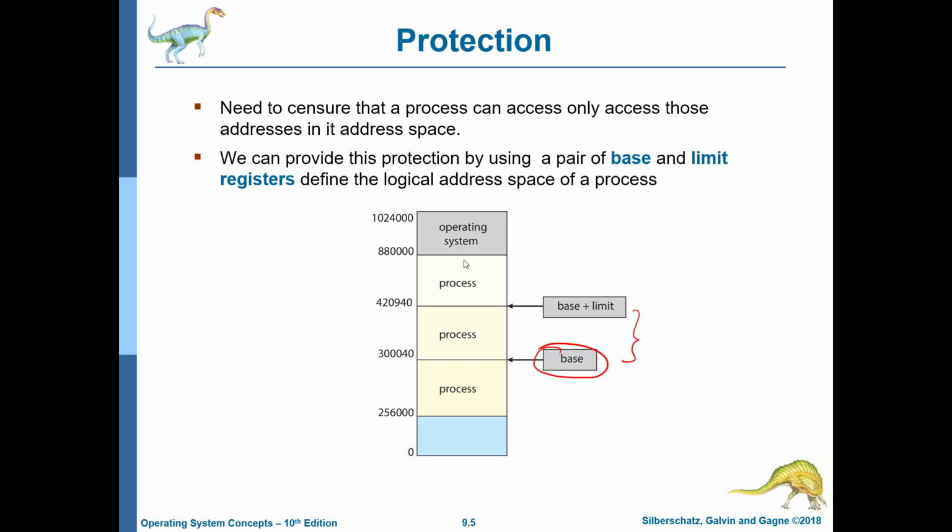That's it. Which basically means that a process knowingly or unknowingly will not be able to exceed the boundaries of its address space and access addresses in another process's address space. This will not be possible.